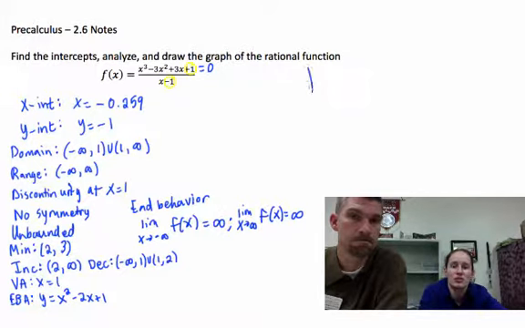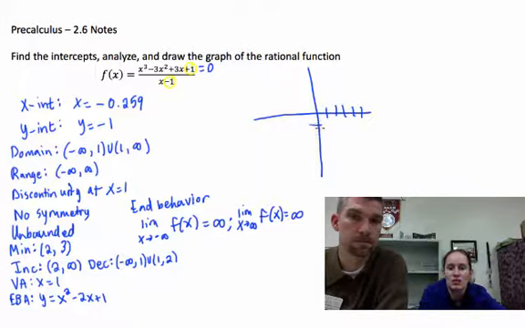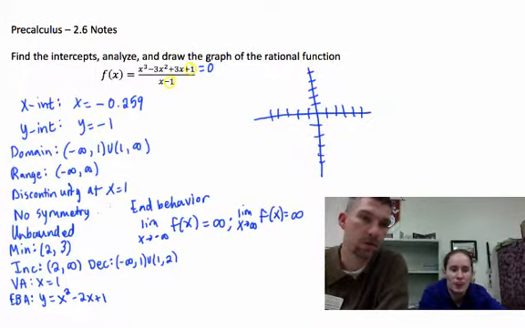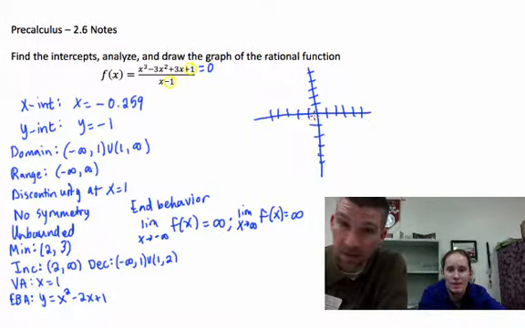Let's draw this graph. So we know that it's going to cross the x-axis at negative 0.259, so that's really close to 0.